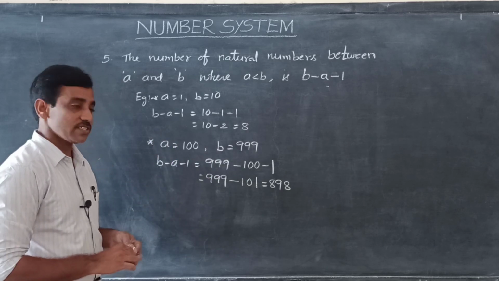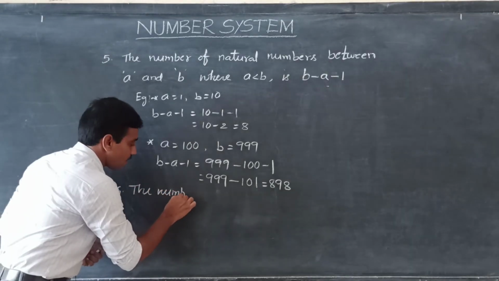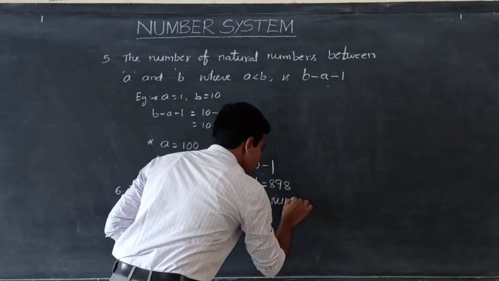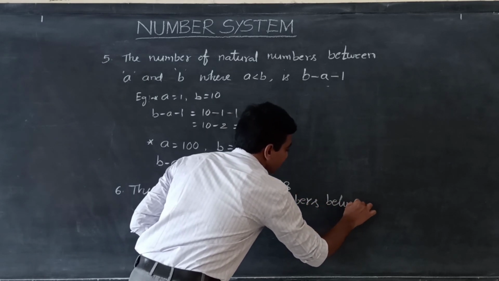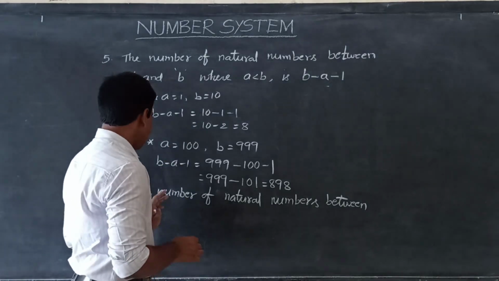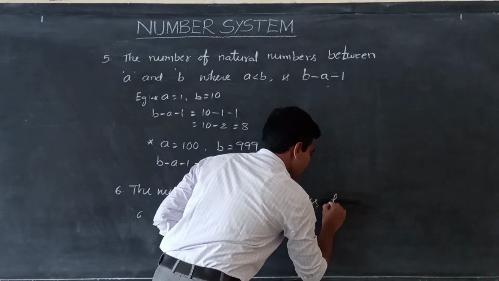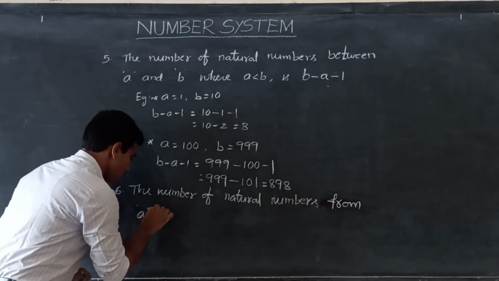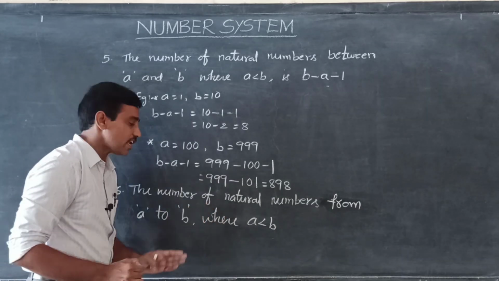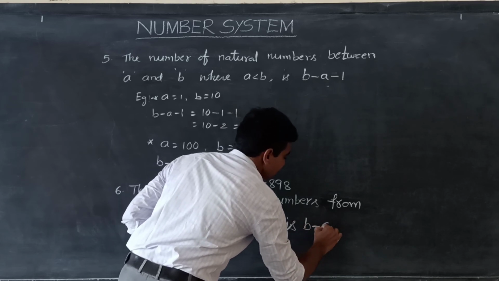So in this way we use this formula, we can find the number of natural numbers between any two natural numbers. Right, next the last point, the number of natural numbers from A to B, where A less than B, is B minus A plus 1.